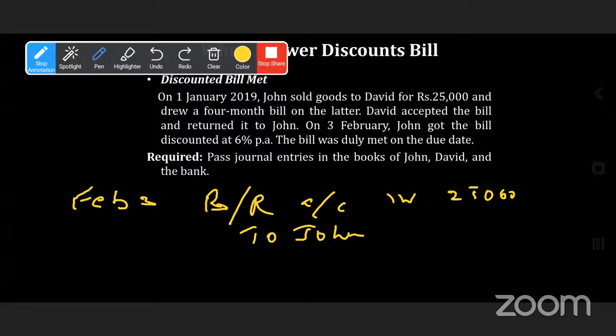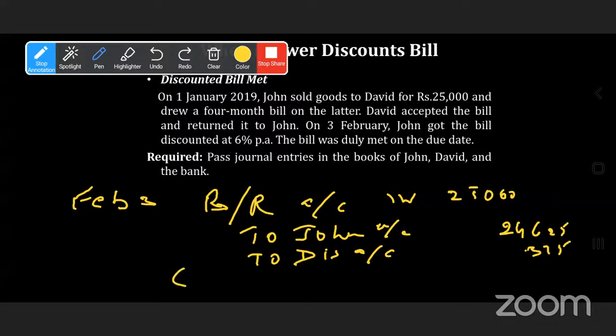Bank account 24,625, and discount account 375. So the bill was discounted at the rate of 6% per annum. This is the entry you have to make on February 3rd.